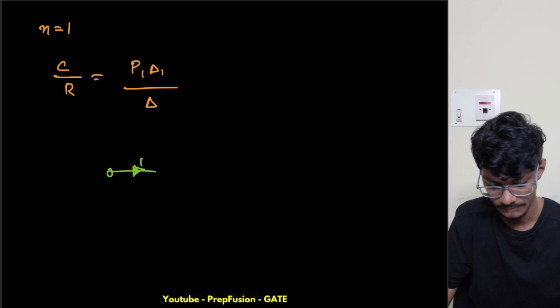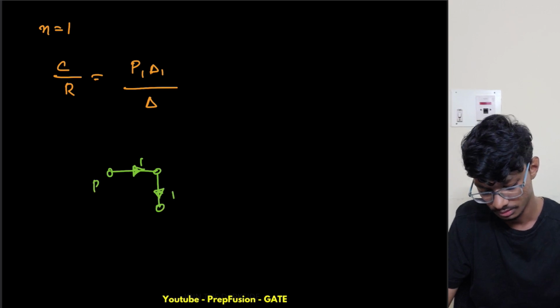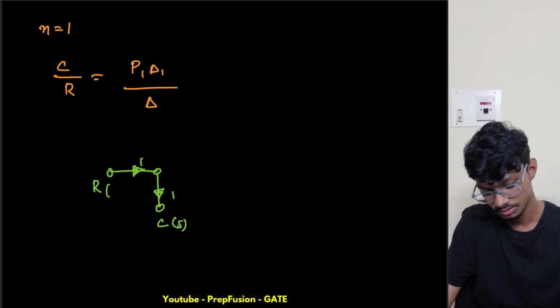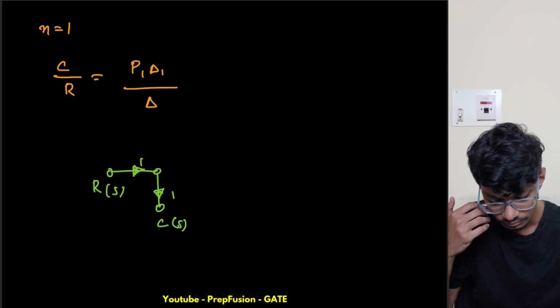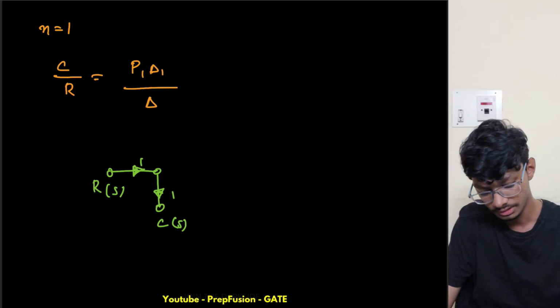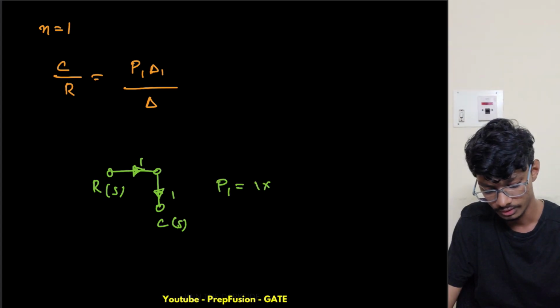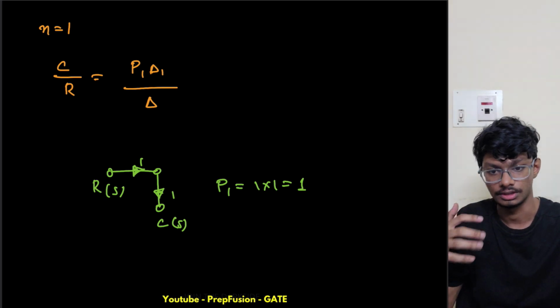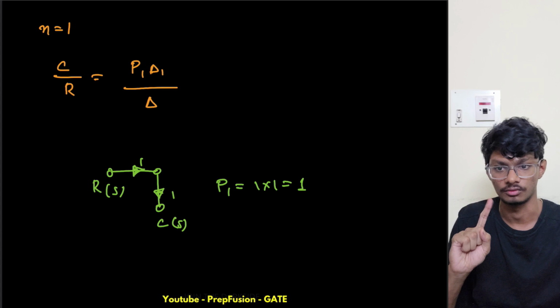This is 1, and this is also 1. This is R, this is C. This is C of S, this is R of S. So what is the forward path gain? It is P1 equals 1 times 1, which is 1. So I hope you are understanding why there is only one forward path.